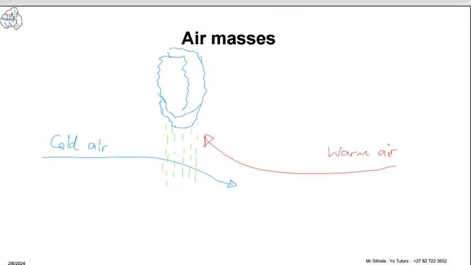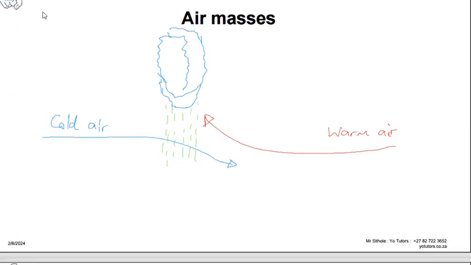Now, for a start, we're going to look into air masses that are needed for mid-latitude cyclones. So you need cold air and warm air. For cold air, you must know that cold air is heavy and also dense, and it's also dry.